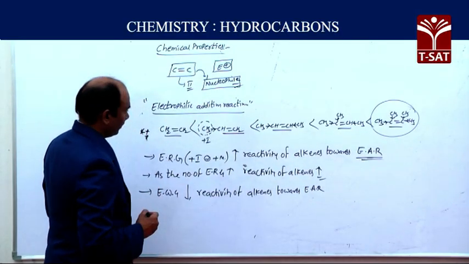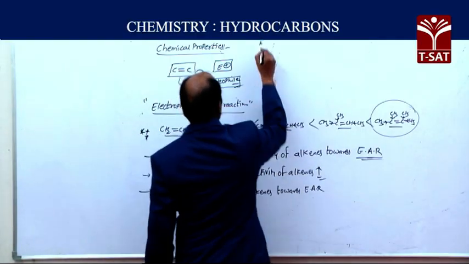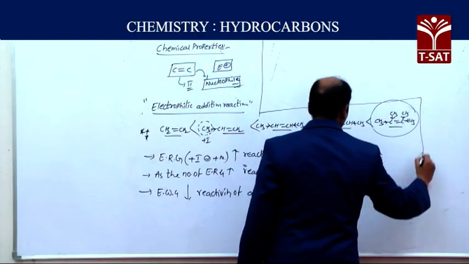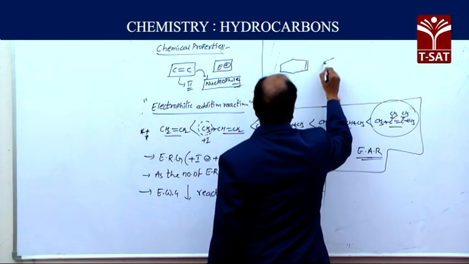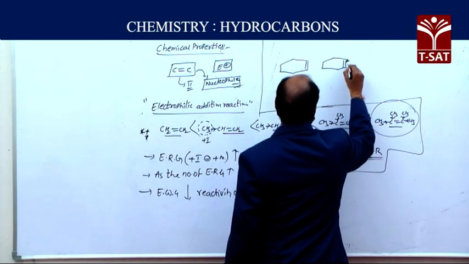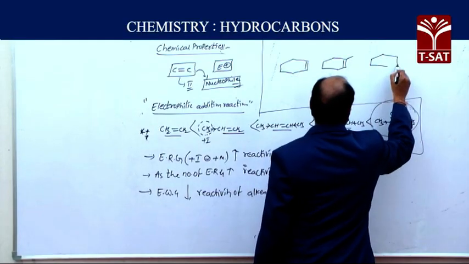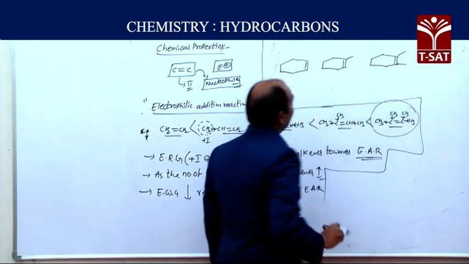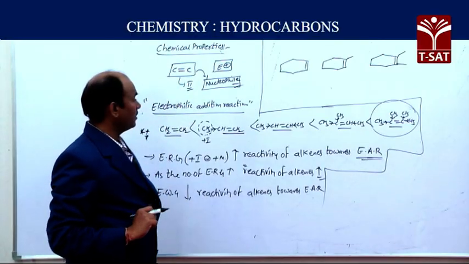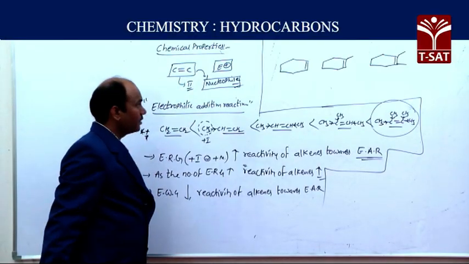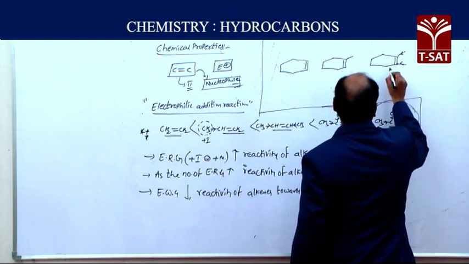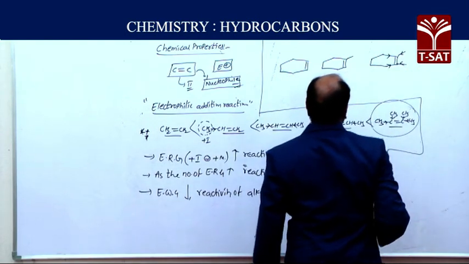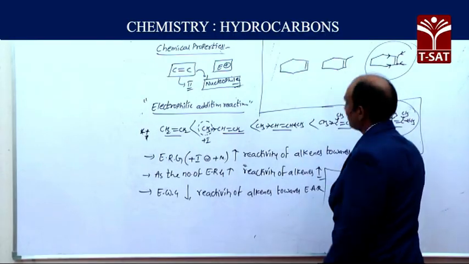So this is important. Similarly, let us discuss one more example, which is more reactive. Suppose here we have cyclohexene, and here cyclohexene, and this is also cyclohexene. Sir, in these three compounds, which is more reactive towards electrophilic addition reaction? If you observe this one, this is electron releasing, this is also electron releasing, this is also, and again it has more electron density.